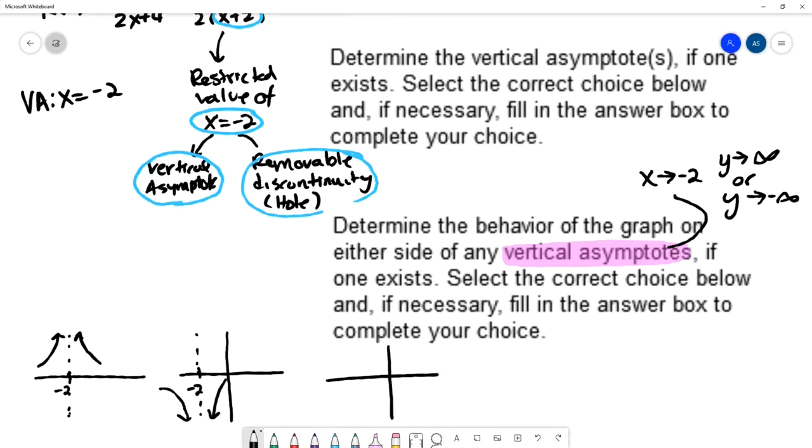Or you could have them going in opposite directions. So maybe the right goes to positive infinity and the left goes to -infinity. Or maybe the left goes to infinity and the right goes to -infinity. So these are the four choices, and we need to figure out which one is the behavior near our asymptote.